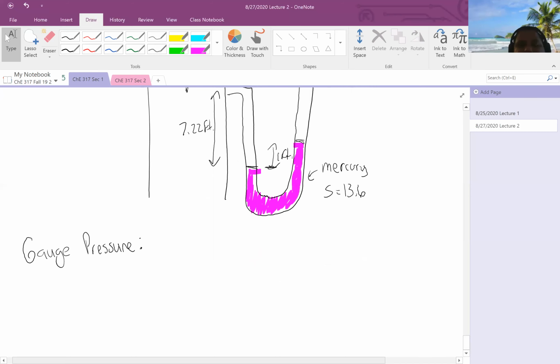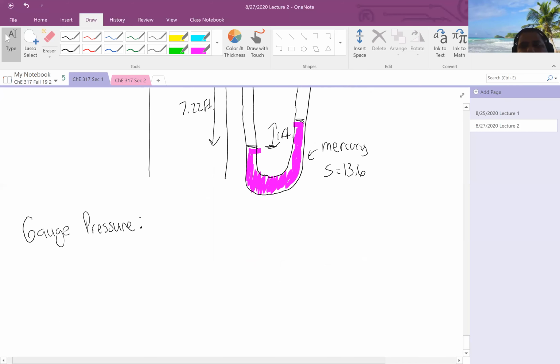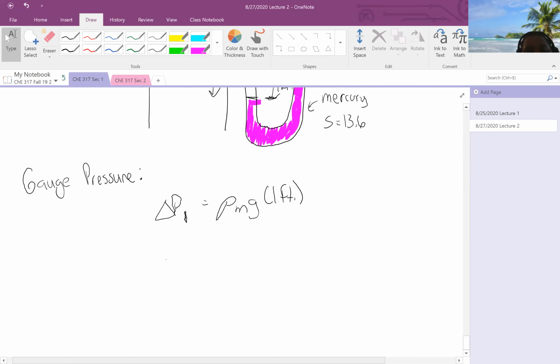We do that. That first pressure differential, delta P1, is going to be the density of mercury times gravity times 1 foot, where the specific gravity of mercury is 13.6.